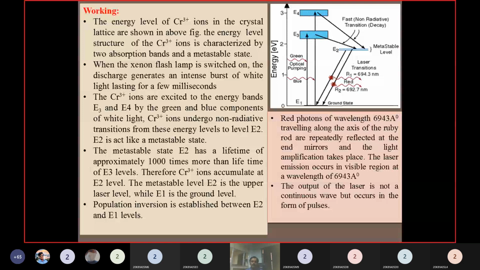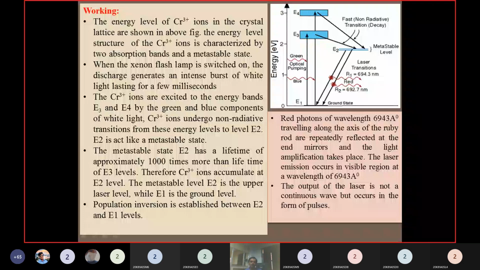Now coming to the applications: what are the applications of the ruby laser? The ruby laser is used in distance measurement using the pulse echo technique.